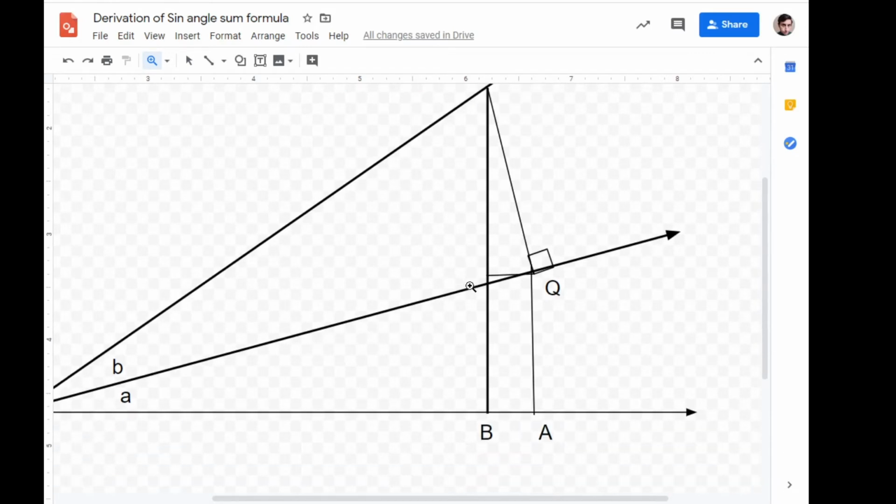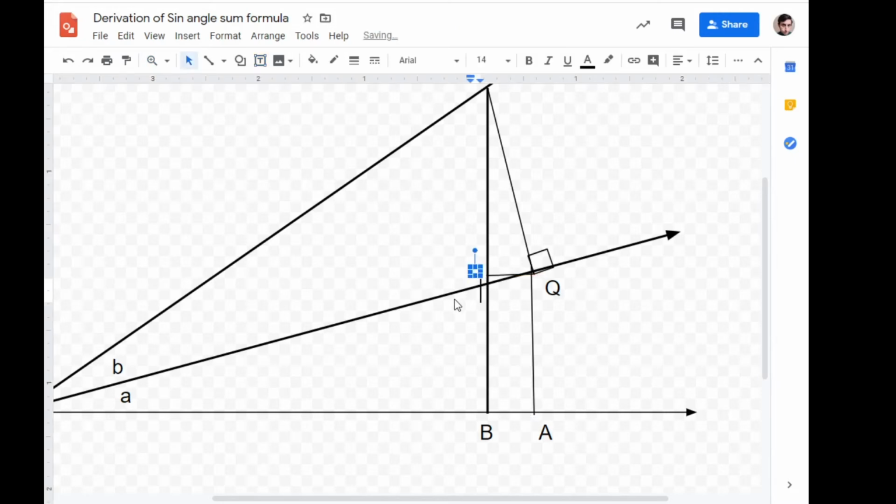There we go. So this point right here, where this is intersecting, we're going to call this point R. Okay, that's this spot right here. This is also another 90-degree angle.